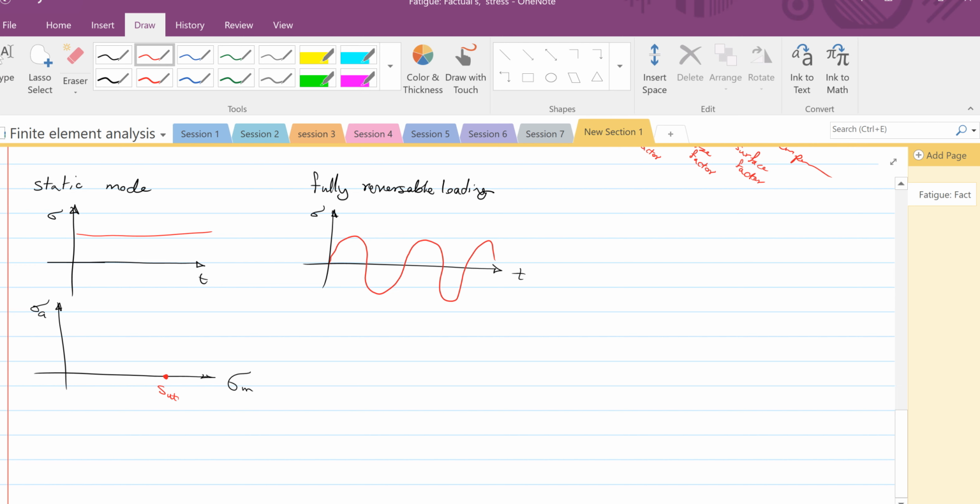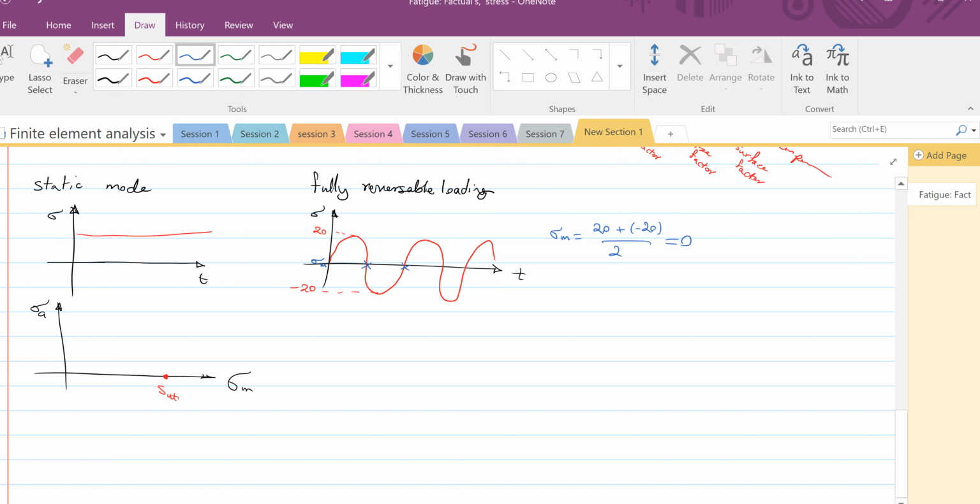And for example, this can be 20 megapascal, so the lower part must be negative 20, because the name shows that it is going to be fully reversible. And I claim that sigma M, or mid-range stress, is 0. You can see here mid-range is here, sigma M. Or based on the formula, we can see that sigma M is 20 plus negative 20 divided by 2, which is going to be 0.